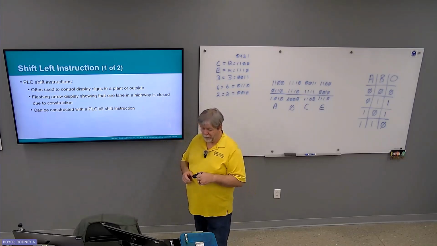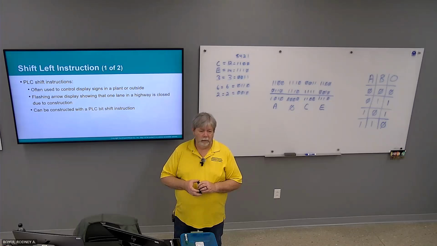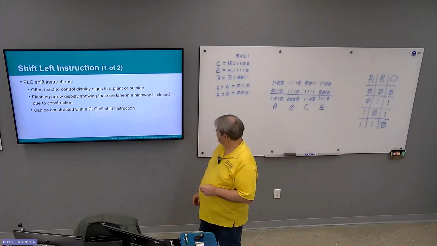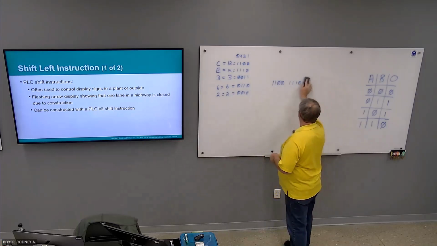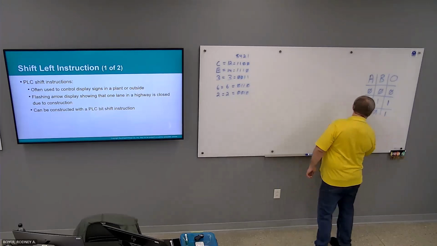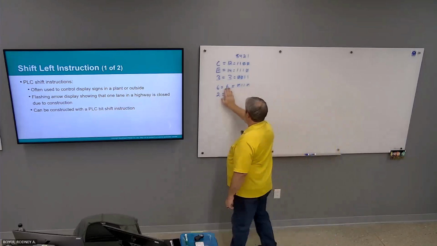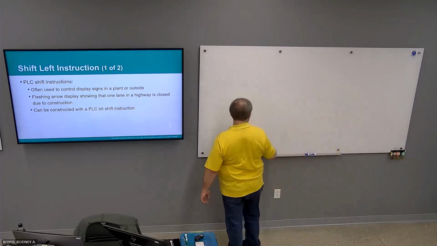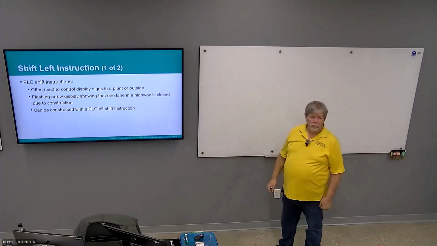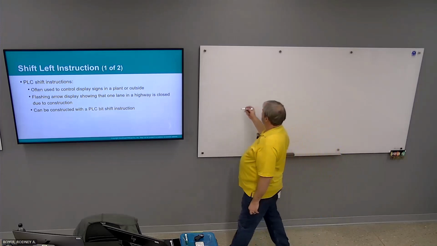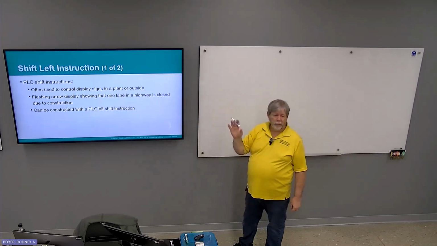One place that it is commonly used, though, is keeping track of things on a conveyor. So if you have a sensor at the start of your conveyor, what are we sending down our conveyor?